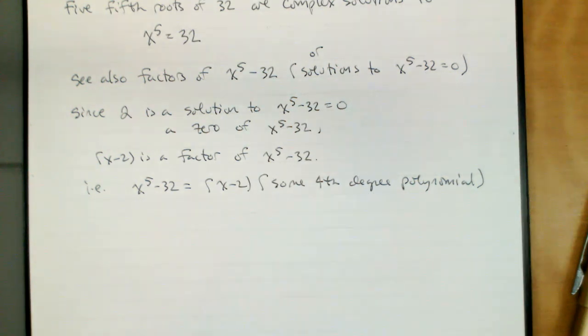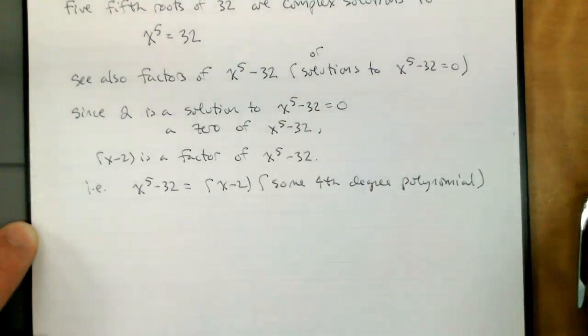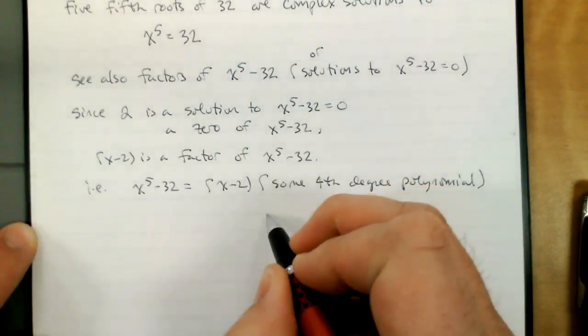But wait, there's more. This is some 4th degree polynomial that has to have 4 complex zeros. Those complex zeros have to come in conjugate pairs, a plus or minus bi. Conjugate pairs come from quadratics. So we can write this fourth degree polynomial as 2 quadratics.